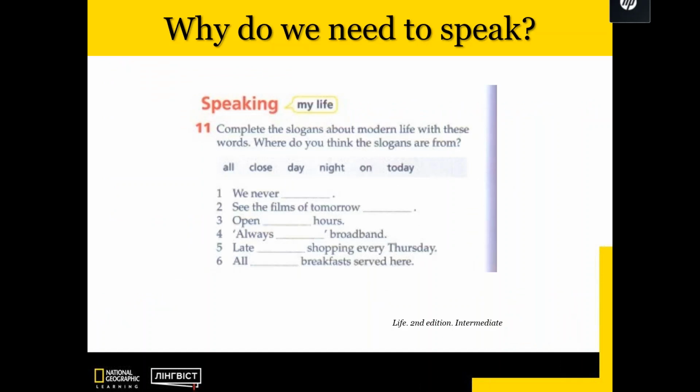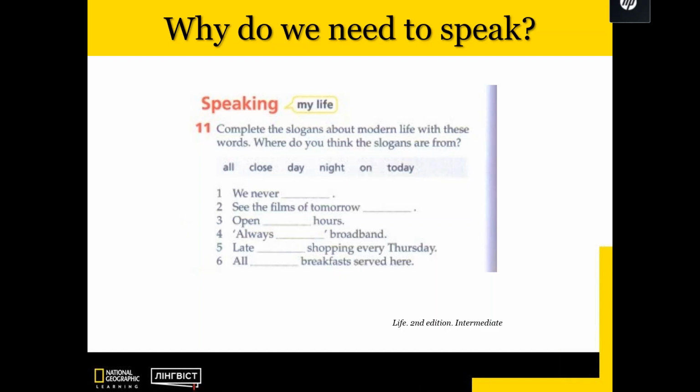Let's move to teenagers. Live second edition series ask us to do the tasks and to talk about own life, about own vision, about own interests, right? So here is one example of the speaking task, talking about modern life, right?